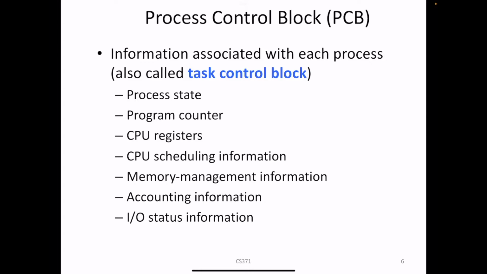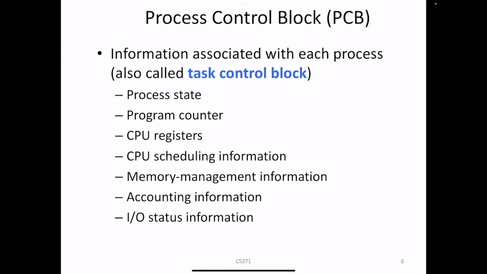All the information stored in the PCB is about the process from the perspective of the operating system. We also mentioned some information about the process, such as the text, data, stack, and heap. Those are from the perspective of the process itself.